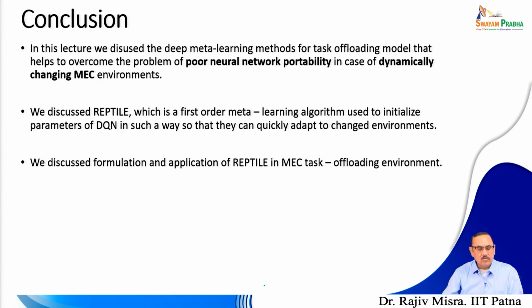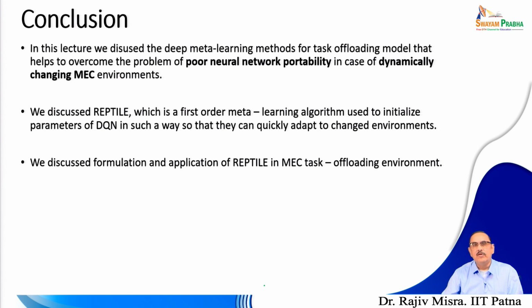So, in conclusion, in this lecture we have discussed the deep meta learning methods, which are the basic building block for how dynamic situations can be handled in task offloading methods, that is, in the edge cloud environment if it becomes quite dynamic.